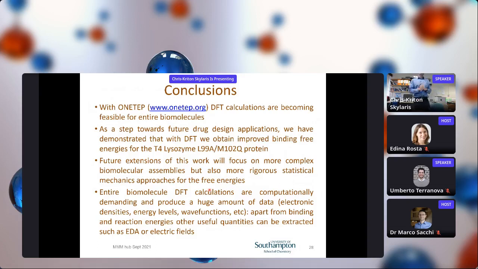So future extensions of this work will focus on more complex assemblies, but also more complex biomolecules that have interactions that are not well described by force fields, and also on more rigorous statistical mechanics approaches for the free energies. And also, entire biomolecule calculations with DFT can give you a host of important information, not just energies, but also other quantities such as energy decomposition analysis or electric fields.